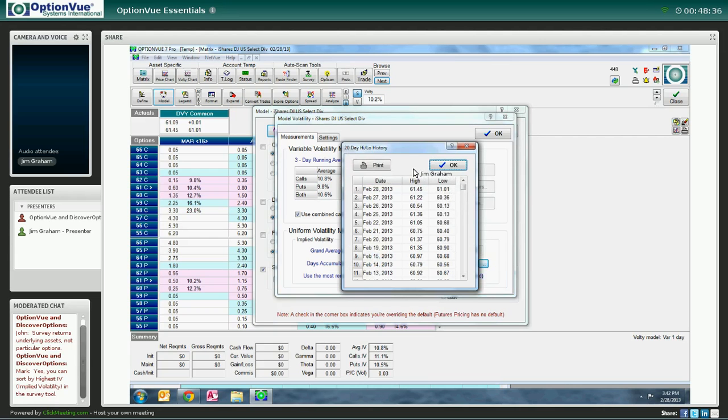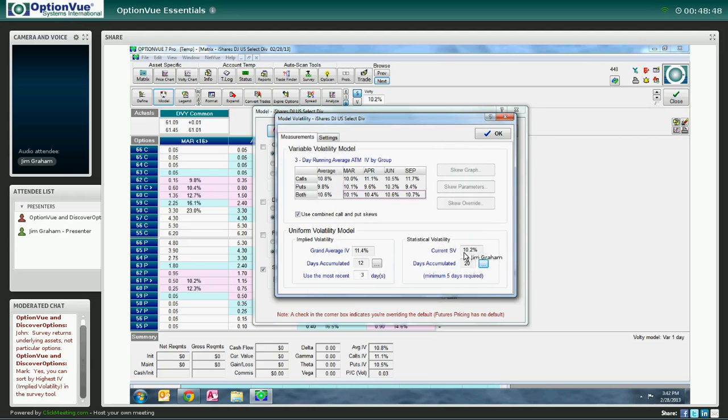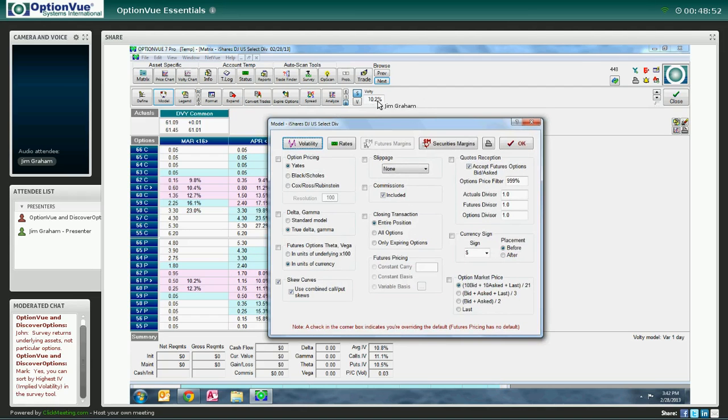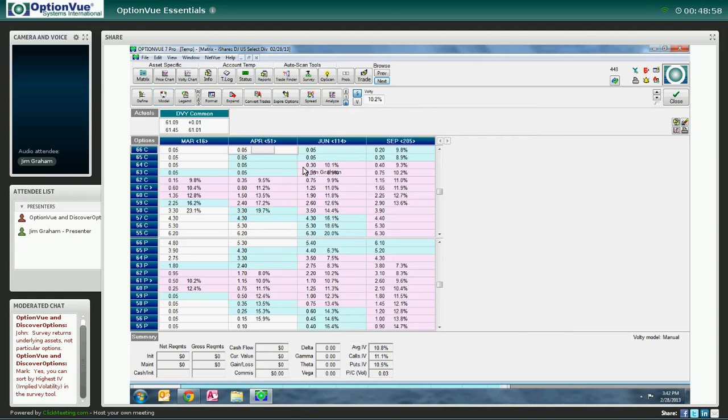The SV is simply a list of all the highs and lows of the day for the last 20 days. It'll pull this right in from the price chart so that it's complete as soon as you begin using OptionVue. But you'll notice that's 10.2. That is what it brought in here. That 10.2 is what is being used to calculate the shading.